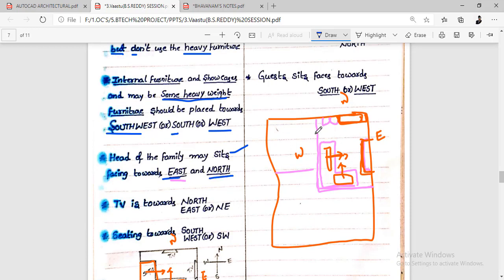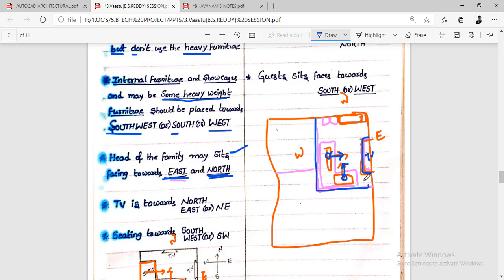So see this, just imagine this is your hall. This is your total flat, and this is your hall. So the head of the family always sits towards east or north. So you have a TV set here. If it is a TV, whenever your parent is sitting here, he must be sitting towards the east, or here also, here as well.